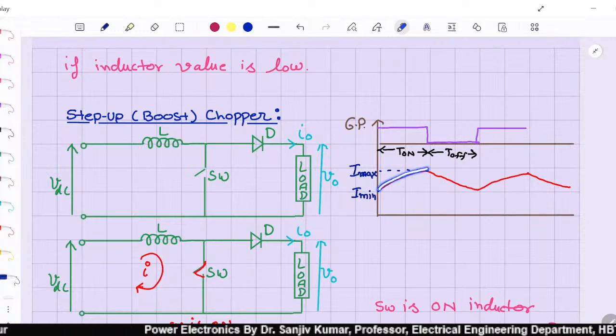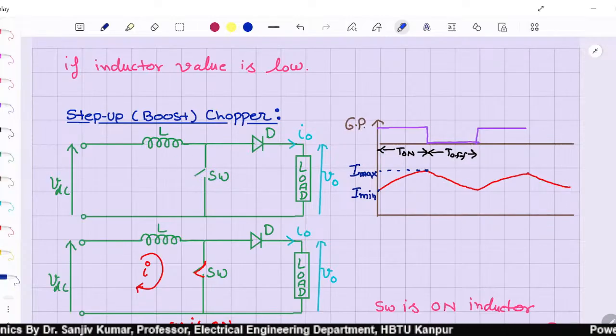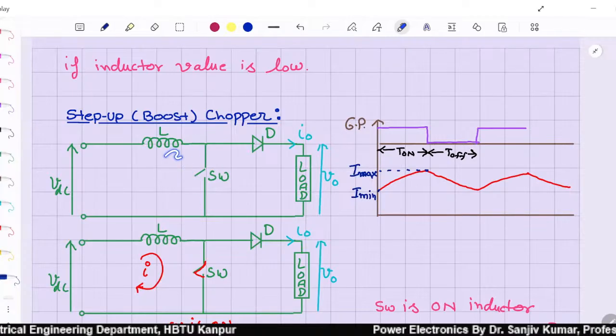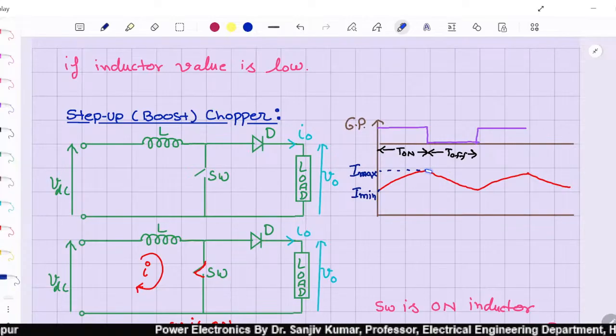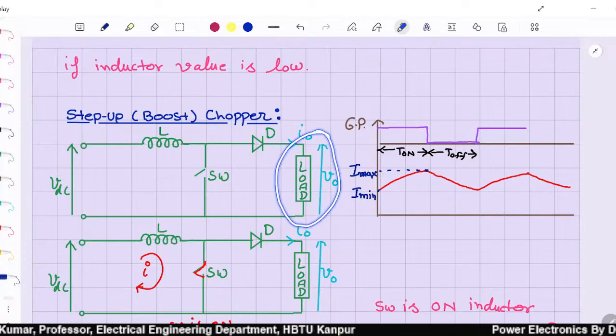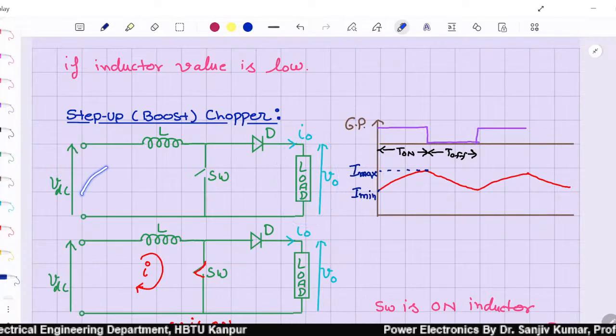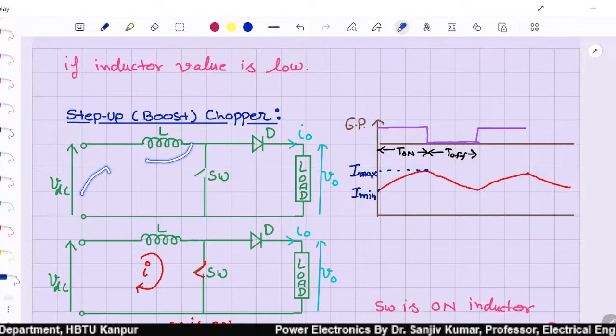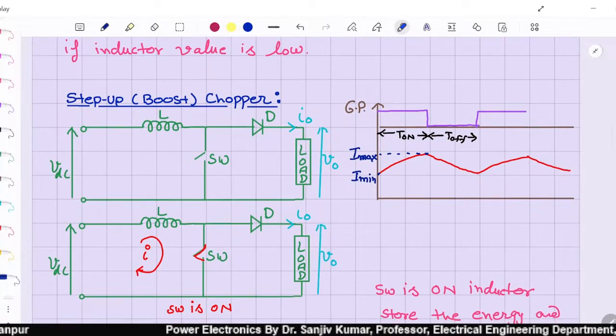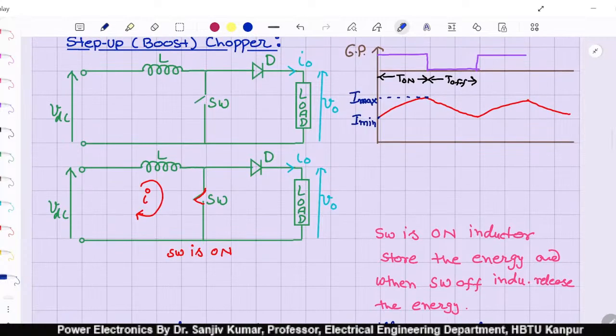The current is increasing. Now, when you open this switch, the inductor develops a polarity in such a way that it doesn't want this current to decrease. So the output voltage would be equal to VDC plus L di/dt.